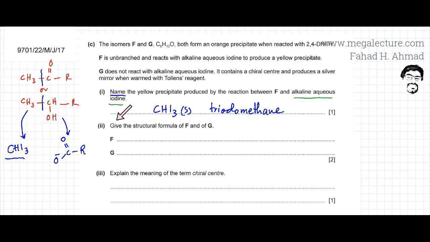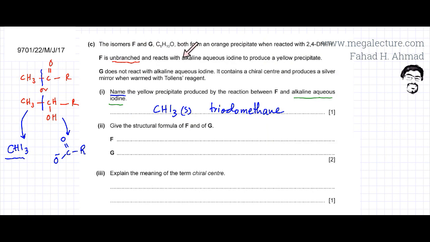In the next part of the question, you're supposed to give the formula of F and G. Let's start with F. We know the molecular formula, which is C5H10O. F is unbranched, which means all 5 carbon atoms are continuously arranged, with no branches.